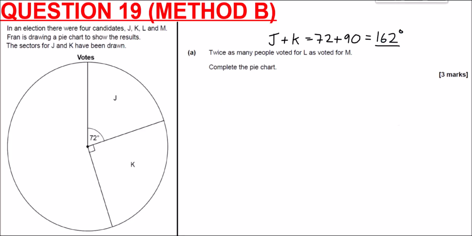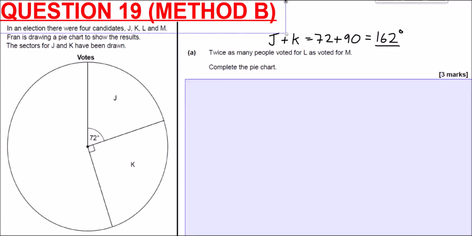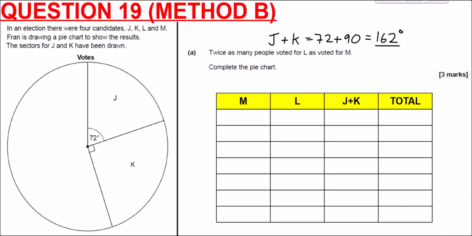This method now just hinges on a trial and improvement strategy. Essentially, what we can do is think what M and L must be so that the total needs to be 360. Because the total of all these angles for all 4 sectors will obviously be 360. And so what we can do is have better educated guesses each time until we land on the answer.